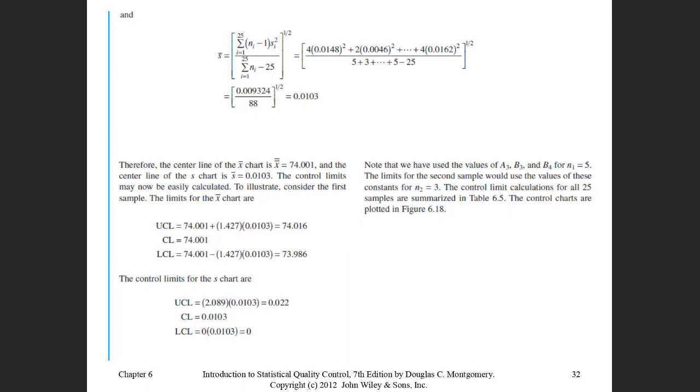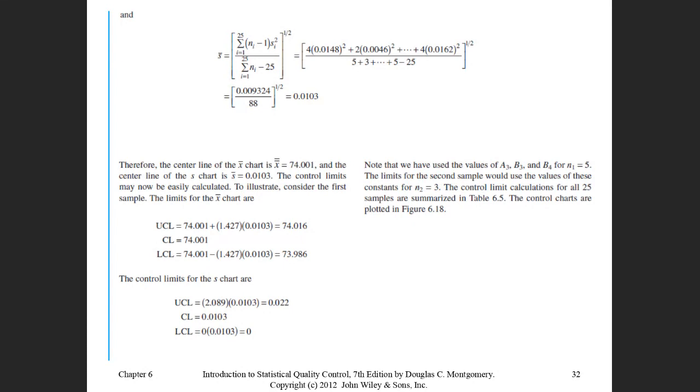Usually in this case the calculation will take longer, because if you have 25 samples, it will take you a longer time to calculate compared to the exact same sample size. That is not preferred, but it could happen sometimes based on availability, or if you don't have a high production rate.